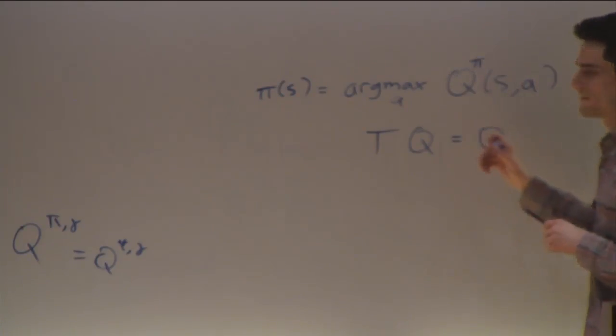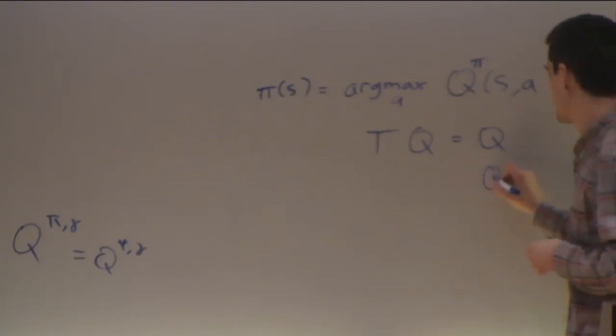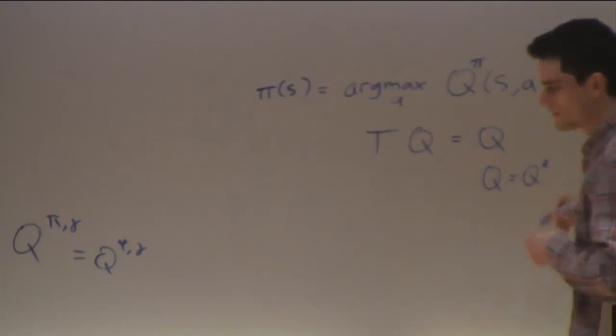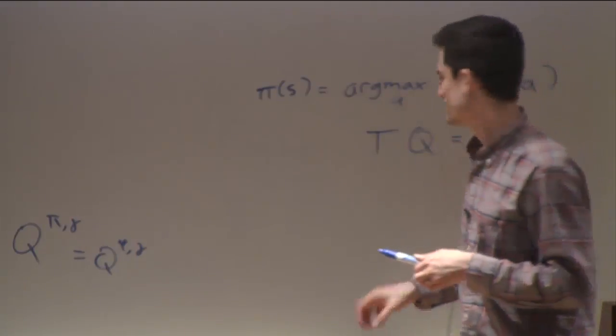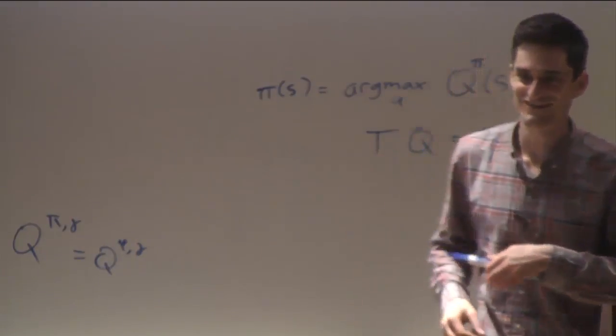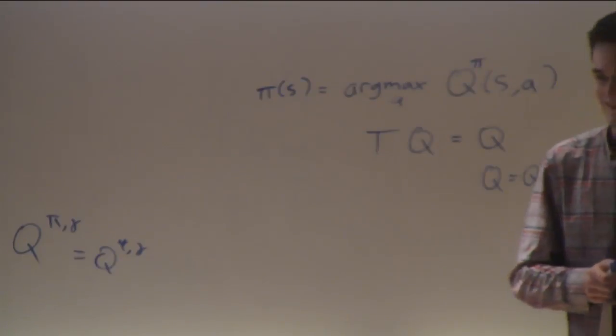And that would mean that Q must equal Q star. Actually, I'm realizing that this will make more sense after the next few slides from this class. So if this didn't make sense, which it probably didn't, don't worry about it. It'll hopefully make more sense pretty soon.